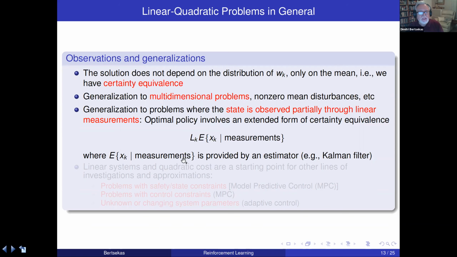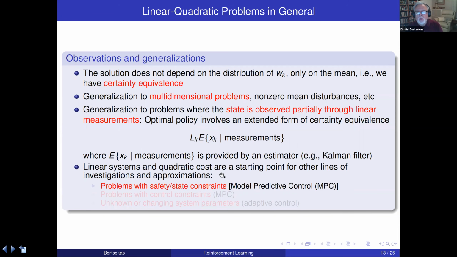This expected value is provided by an estimator. Kalman filter is one possibility. You may have heard of that. There are estimators that compute these expected values for linear systems. There's a lot of theory about all this. And the optimal policy under this observation structure is again of this form, and certainty equivalence again holds.